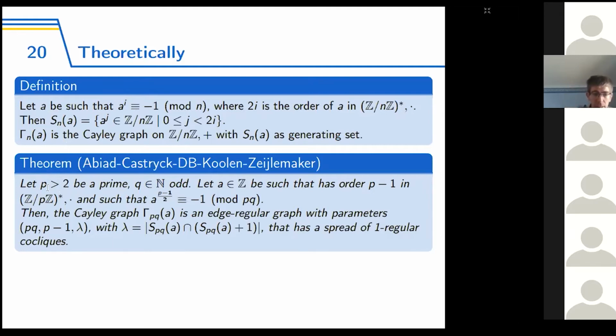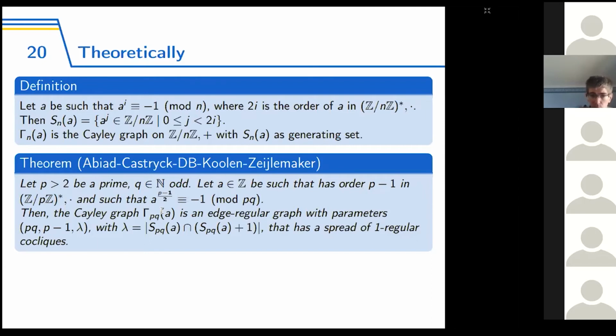Indeed, if you take the product of a prime and an odd number, and then a in such a way that it has power -1, and it generates the complete set of integers mod p, so it has order p-1 in this group of integers mod p, then you can do the construction as I just demonstrated for 65.